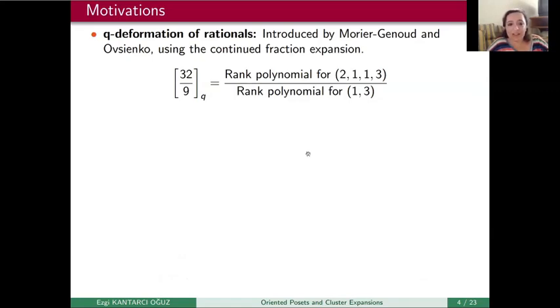It was very fun, and their deformation has very nice properties, like a convergence property, so they can use it to define q-deformations of real numbers, and then one can move to q-deformations of complex numbers, etc. The q-deformations can be seen as numerators and denominators. They are given by rank polynomials for some fence posets. The coefficients come from the continued fraction expressions.